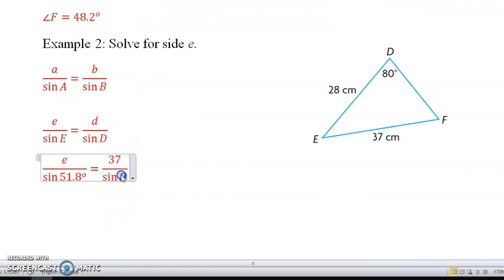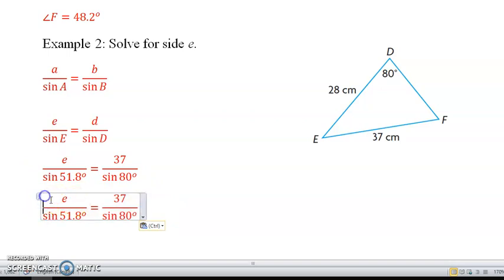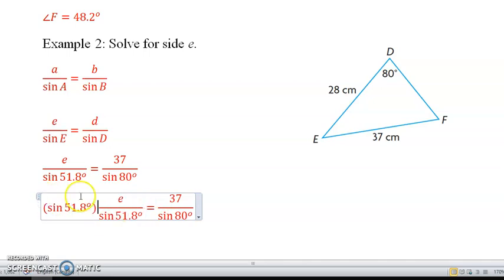All right, and we're just substituting the values in. Okay. So now we're going to solve. In order to solve for E, we're going to have to multiply both sides by the sine of 51.8. Whatever you do to one side, do it to the other. Right? Multiply both sides. So 37 sine 51.8 divided by sine 80.